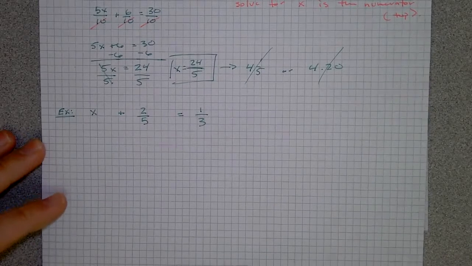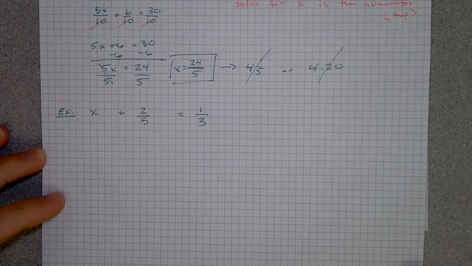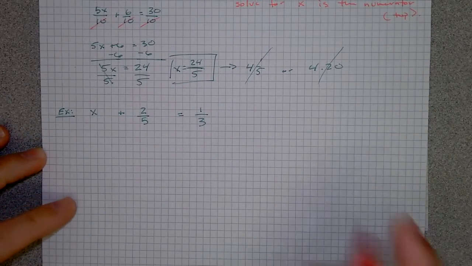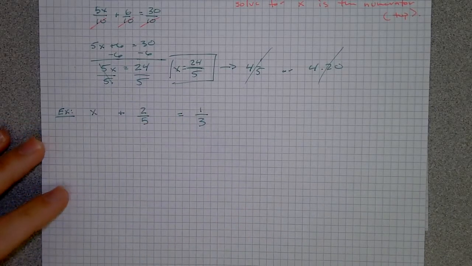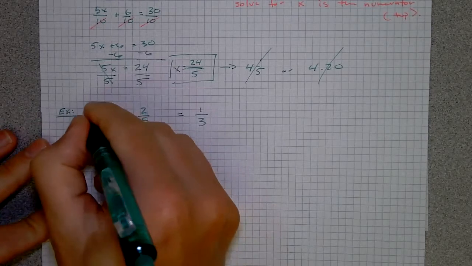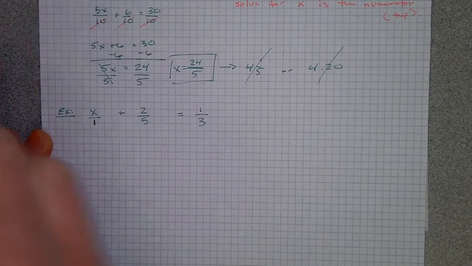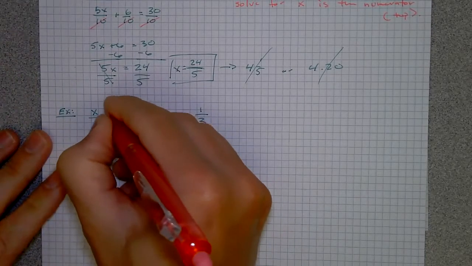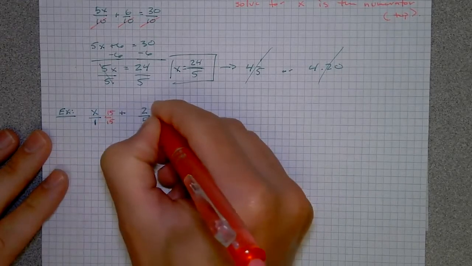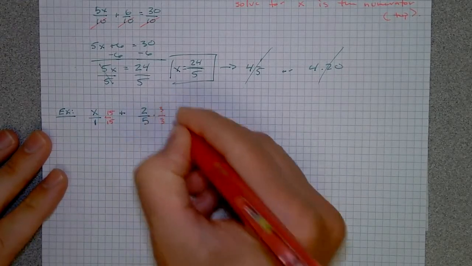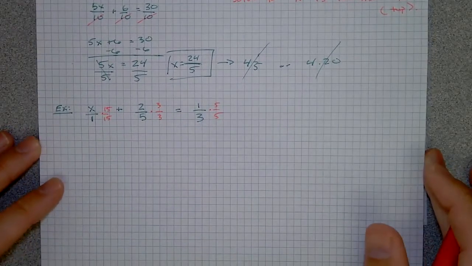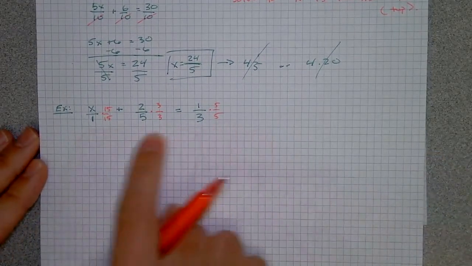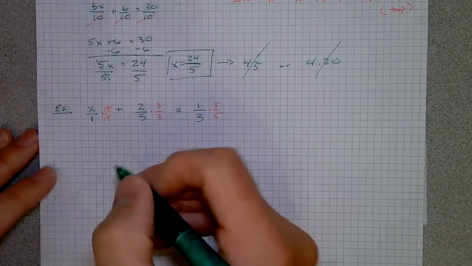What's our common denominator going to be? 15, right? Put this over 1 real quick. So we multiply top and bottom here by 15, top and bottom here by 3, top and bottom of this by 5. That way we get 15 on all of our denominators.